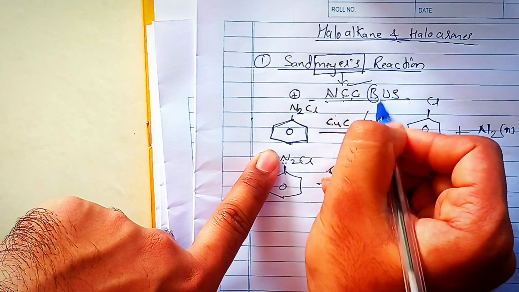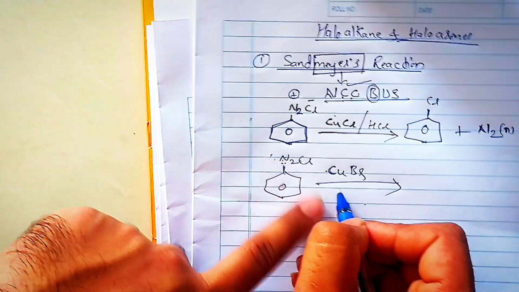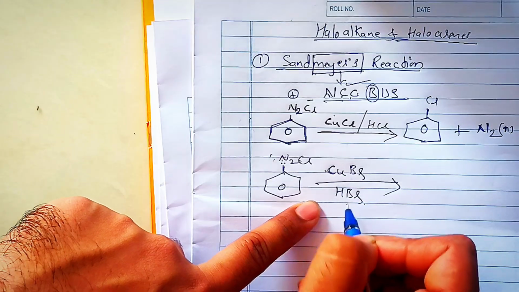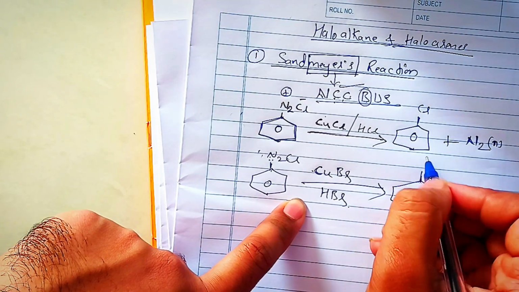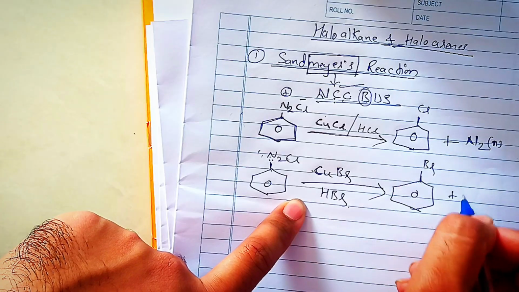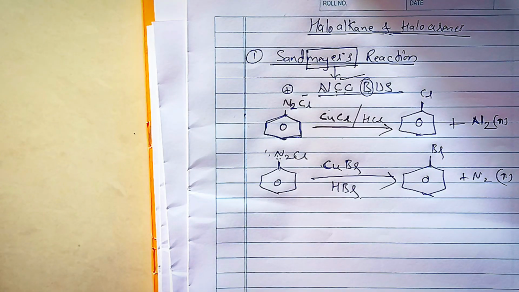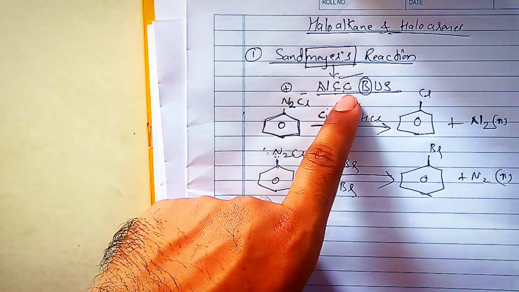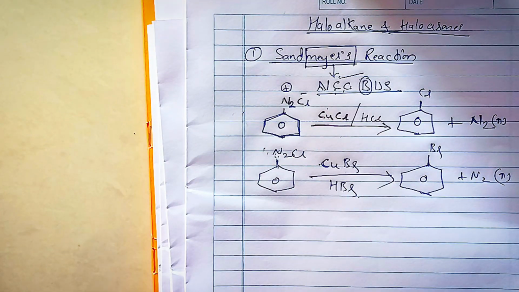For the bus we can take this Br here, and then we can take HBr, and the reaction will occur like Br plus N2 gas is released, right? So only by the trick NCC bus we can easily write the Sandmeyer reaction.